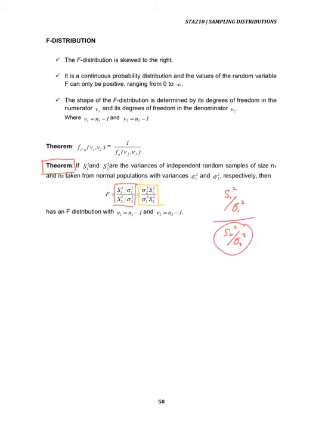So yang bawah ni, bila kita bawakan dekat atas, dia akan jadi terbalik, S1 square over sigma 1 square darab dengan sigma 2 square over S2 square. That's why finally dia akan jadi sigma 2 square S1 square over sigma 1 square S2 square. Okay, so final F will be equal to sigma 2 square S1 square over sigma 1 square S2 square, which follows F distribution.